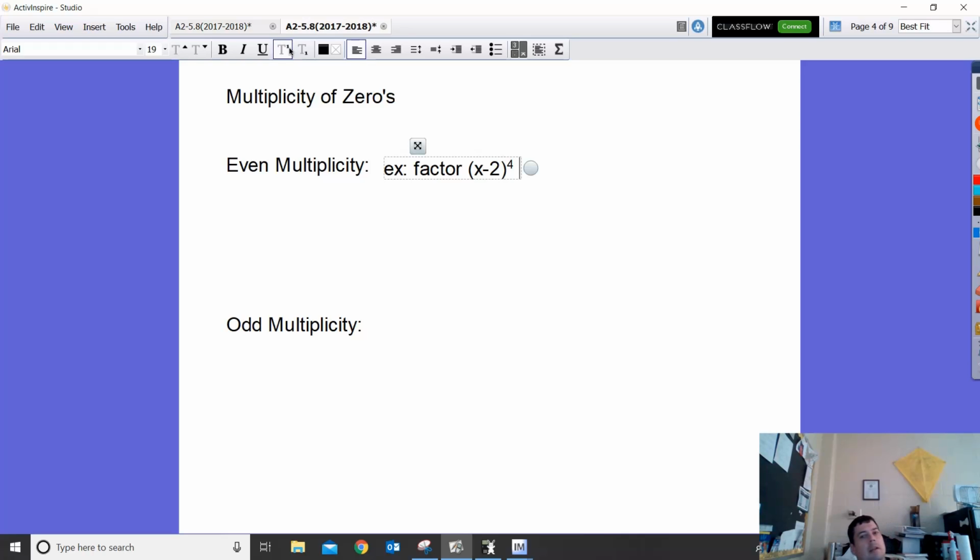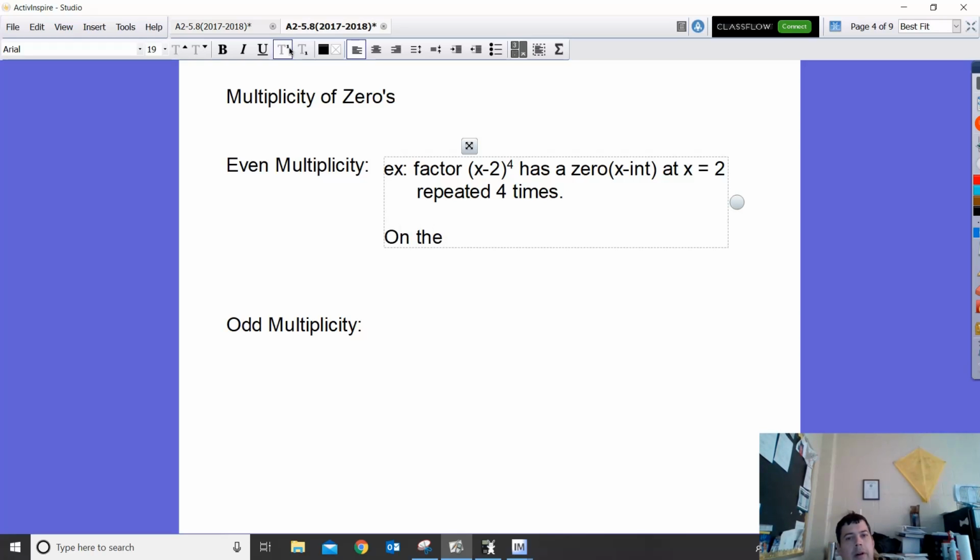Okay? That has a 0, better known as an x-intercept, at x equals what? 2. Change sign. It is repeated 4 times. Exponents tell all. Now, when it comes to graphing, we would touch the x-axis at x equals 2.